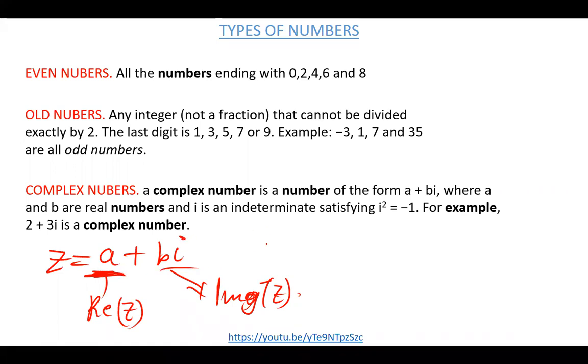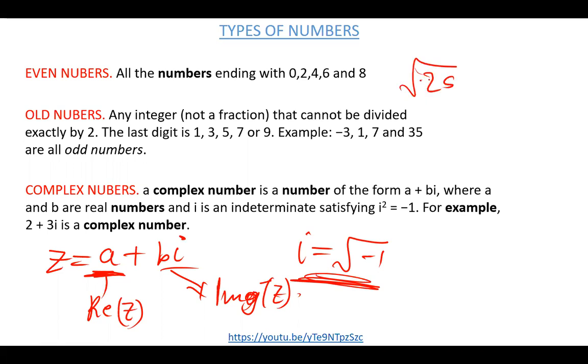And this i you are seeing here is simply equal to the square root of -1. I'm sure you've come across numbers where maybe you've been asked to find the square root of -25. If you have not yet done complex numbers, you always say it does not exist. You always say the square root of a negative number does not exist or is undefined.